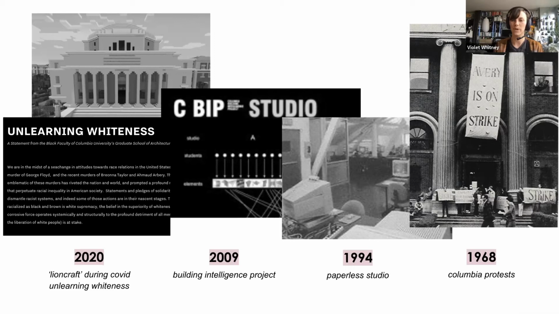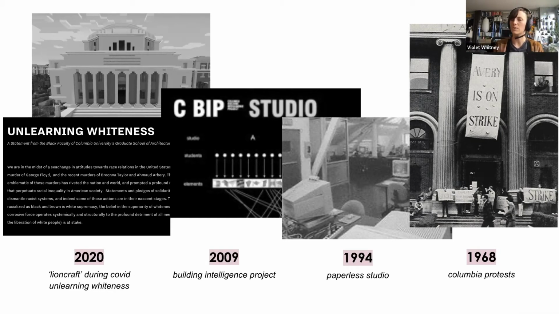And Columbia, even GSAP, is an Ivy League school and has an exclusionary white supremacist history. So when we're talking about inequity, I think this is really important to think about in how we create our virtual courses.